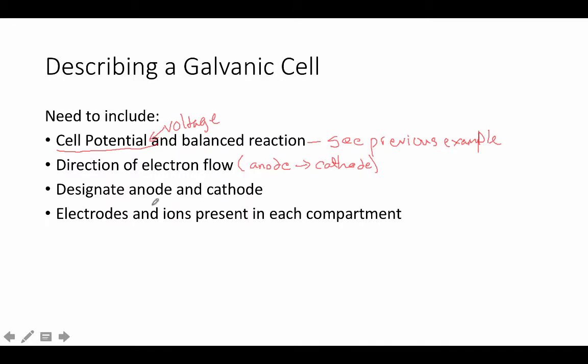So what that means is for the electrode, you're going to have to label the metal. And you can't just label it as metal. You have to label the actual metal that makes it up. One thing to note with the electrodes, they are made of the metal that's found in the half reaction.